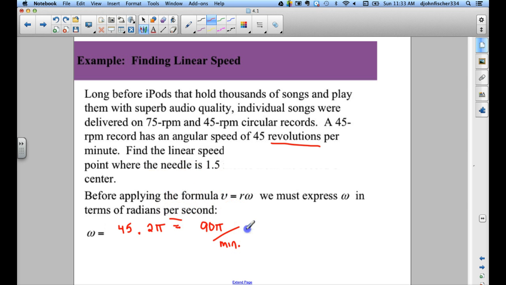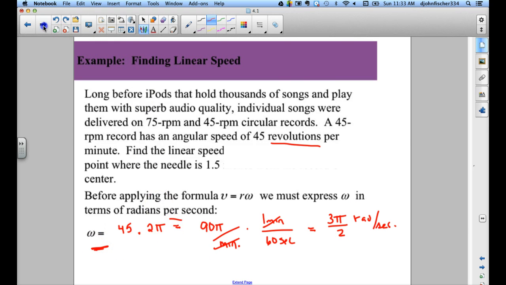Oh, okay, we have to change that minutes now. We're going to put 1 minute is 60 seconds, a little conversion from science. We're going to divide that out, and 60 goes into 90, so it's 3 pi over 2, and that will be radians per second. So that's my angular speed, 3 pi over 2 radians per second.